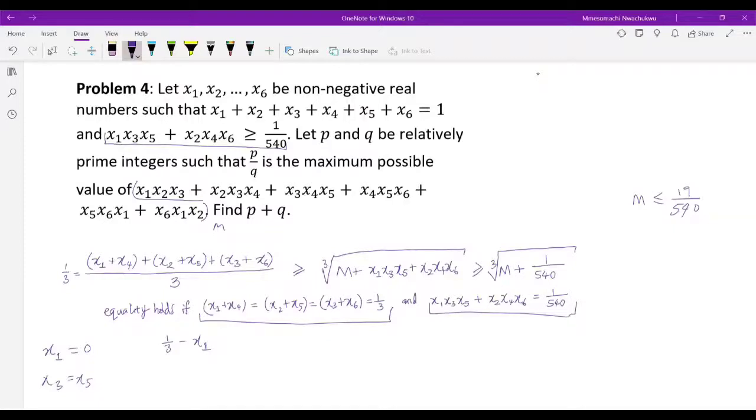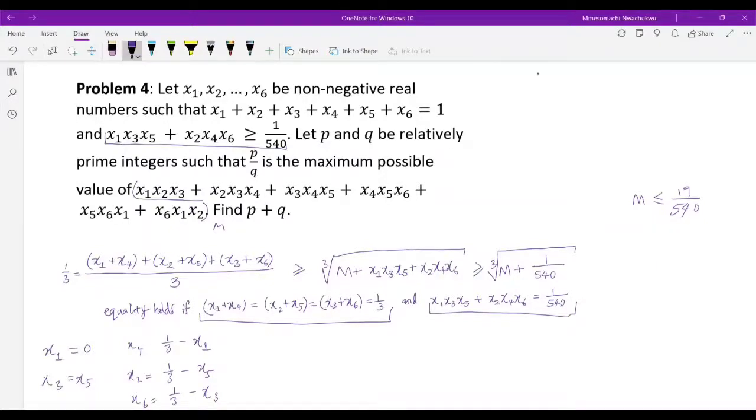We can replace x2 with 1 over 3 minus x5, and so on and so forth. We can replace x6 with 1 over 3 minus x3. So this is going to be x4, x2, and x6.